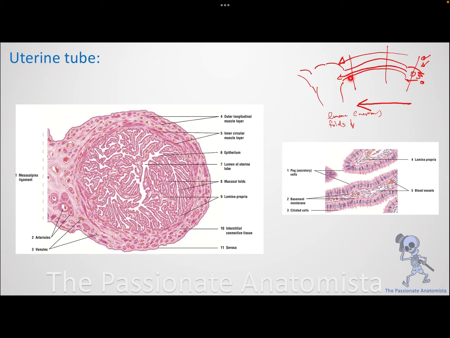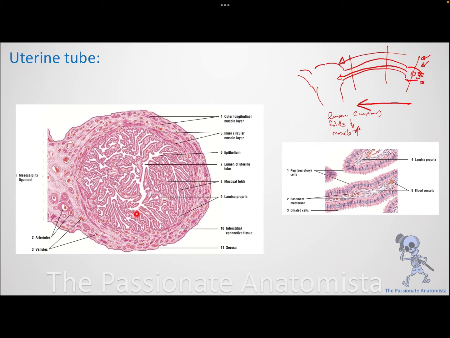So you need to come from a very light organ that is hanging everywhere, trying to suck up the oocyte, light in its weight, getting into the structure that gets into the big organ. So of course the muscle layers are going to get more. So these are the changes that are going to happen in the uterine tube from the infundibulum part all the way to the isthmus or intramural part.